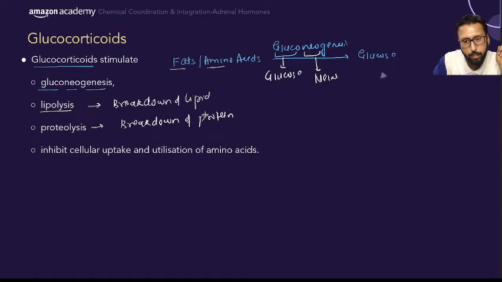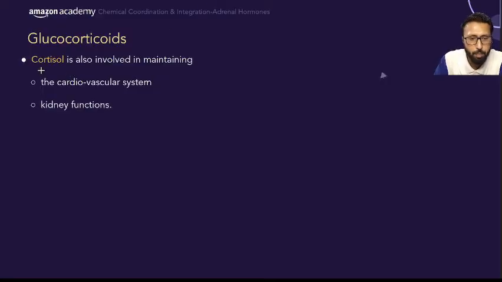It also inhibits cellular uptake and utilization of amino acids, so those amino acids can be used to produce energy. Now cortisol is also involved in maintaining the cardiovascular system, that is our heart and blood vessels, and kidney function. Very important role of the cortisol hormone.